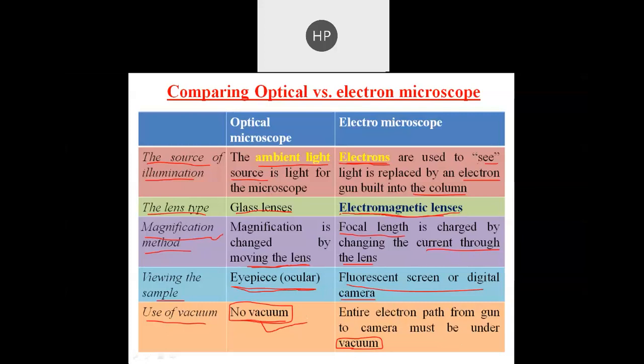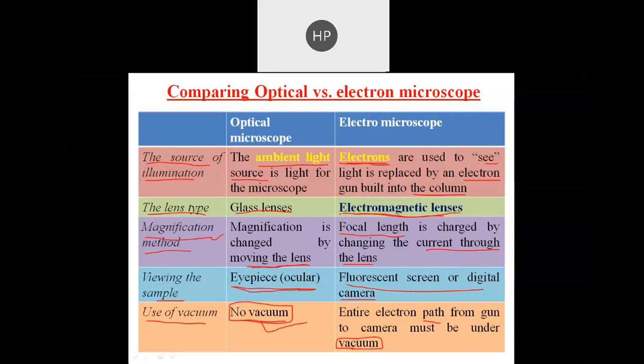But here we have electrons, okay, and those electrons are passing through a particular path. Now, if we do not evacuate that path, then the electrons passing through that path can be deflected due to the particles available in the air.